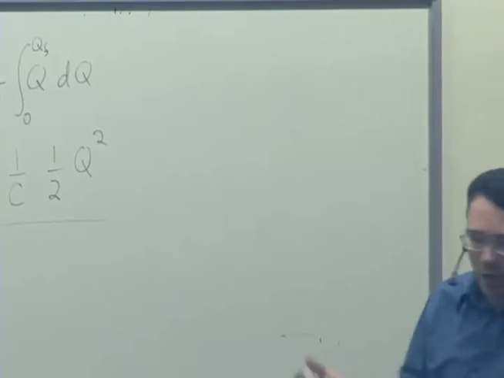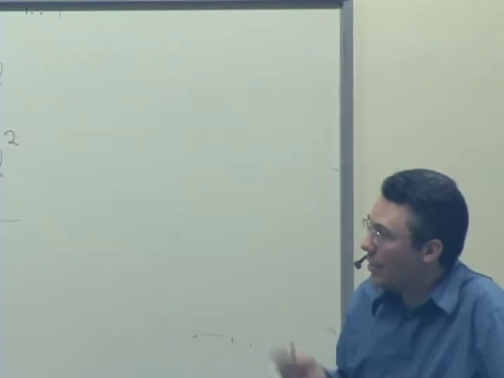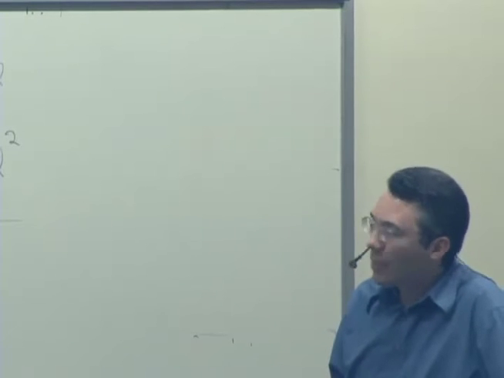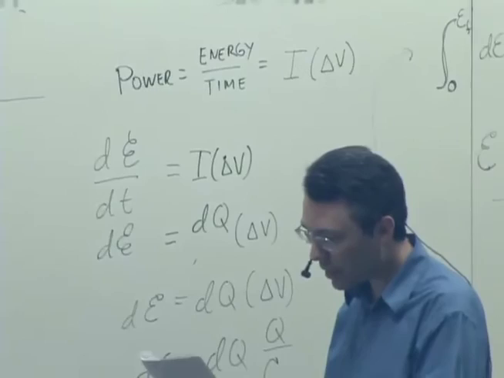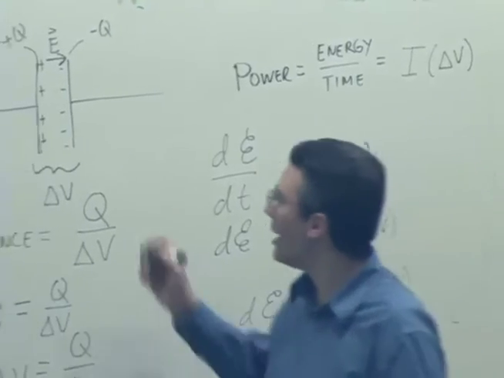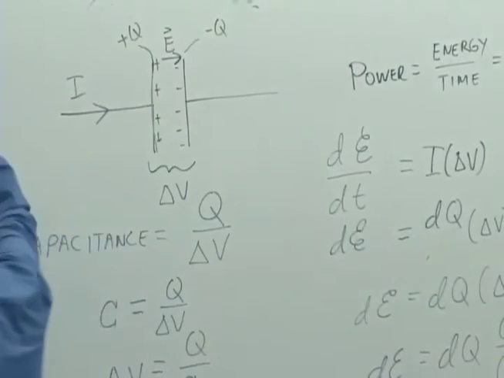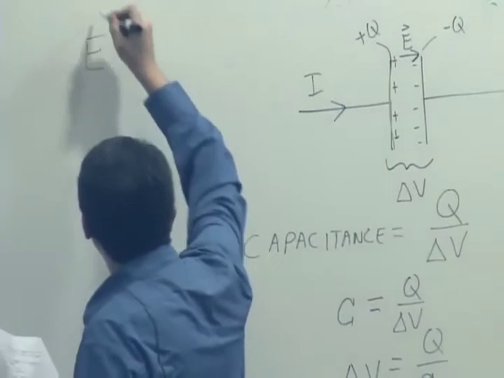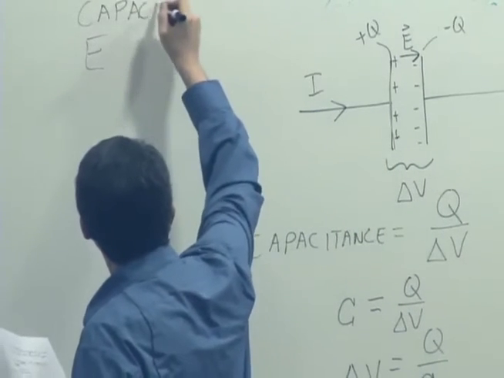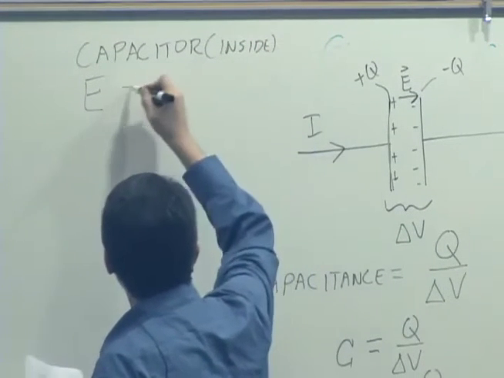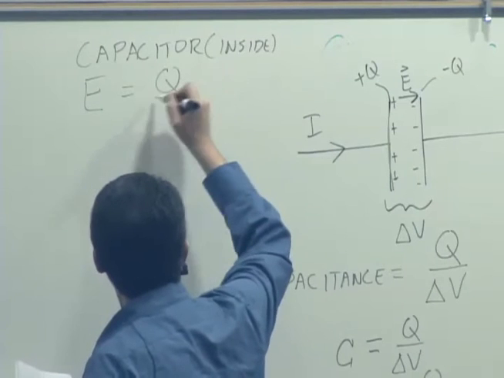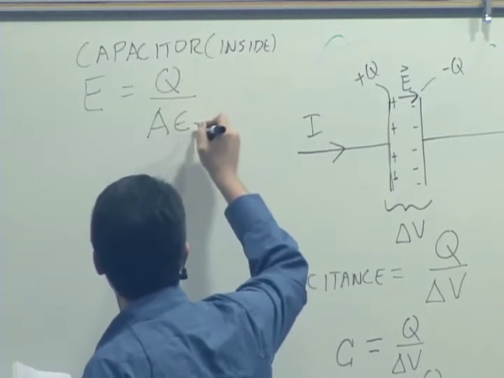If I know how much charge is on the plate and how much the capacitance is, I can figure out the energy. But I can put this in terms of the field, because capacitance, if we go back to the definition here, capacitance is Q over delta V. For a parallel plate capacitor, we know that the electric field inside the capacitor is the charge per unit area times the constant epsilon 0.